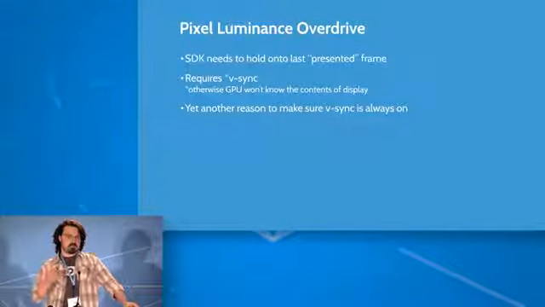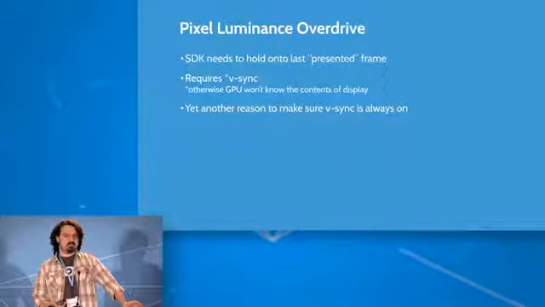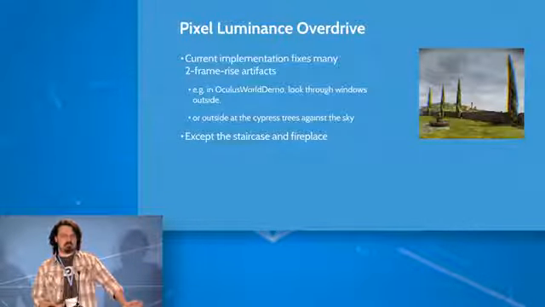The interesting part about this is that because the SDK needs to know exactly what the DK2 screen is showing for the previous frame, it needs to basically run in VSync. Otherwise, the GPU won't have any clue what the screen is currently showing, because in that sense, they won't be synchronized anymore. So that is essentially yet another reason why you always want to make sure you're running with VSync enabled.